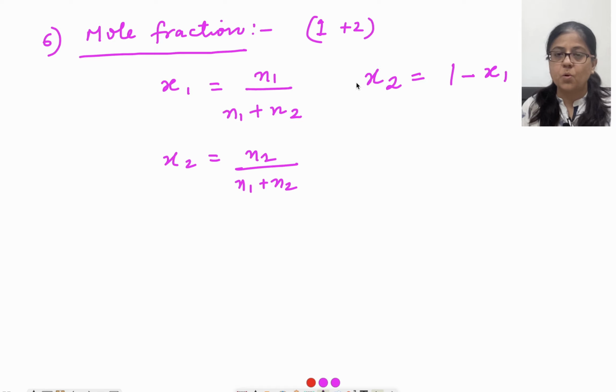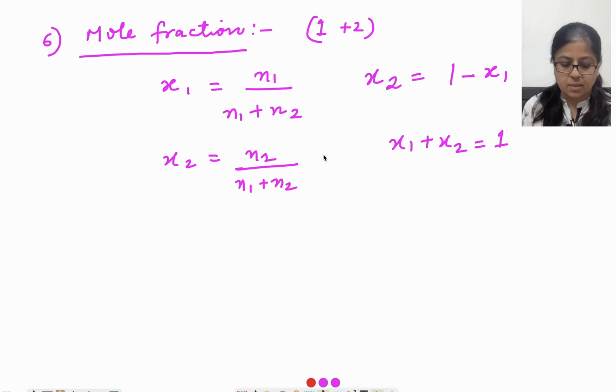If you have more than two components present in the solution, then calculate the values of two components and subtract their sum from unity to get the third mole fraction value.